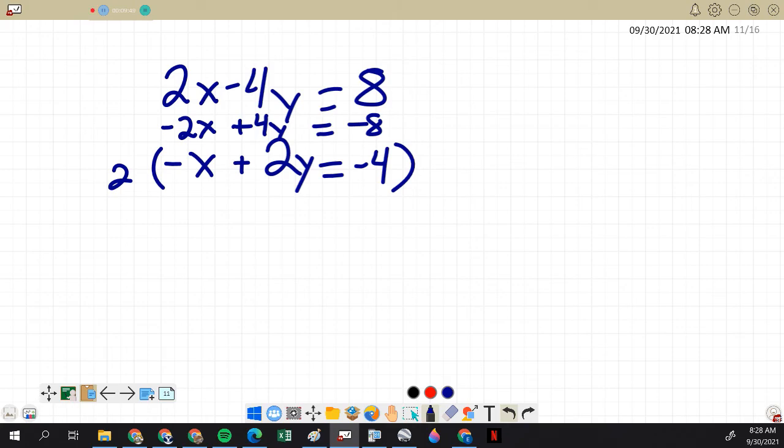And when I add those together, I get 0 equals 0, which means it's the exact same line graphed twice. Where do they intersect? Everywhere. Any point that works in the top equation is also going to work in the bottom equation.